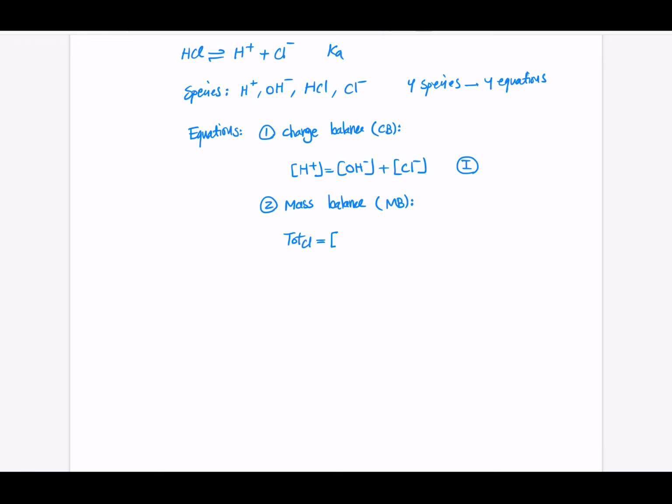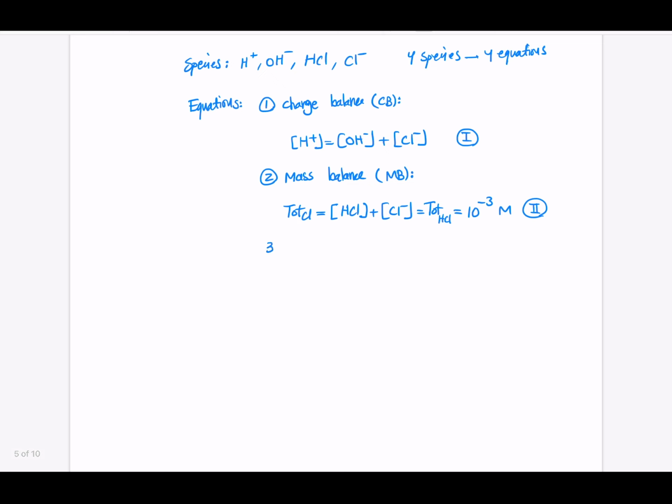So all the species that contain Cl, HCl and Cl minus both contain Cl. And then this would be, as I mentioned, 10 to the minus 3 molar, or equal to the total HCl. So that's the second equation.